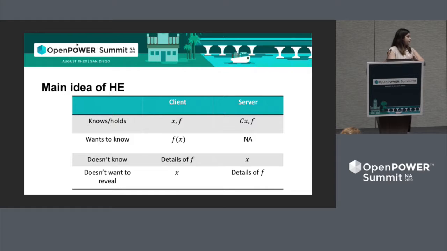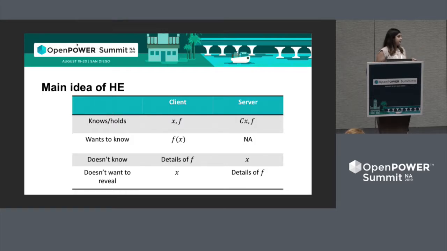If you look at this table, you'll get some kind of an idea about homomorphic encryption. There's a client side and a server side. Again, the client knows the input x, knows what f is, the function, and doesn't want to reveal x, but wants to know what f(x) is, which is the output of function f given that their input is x.